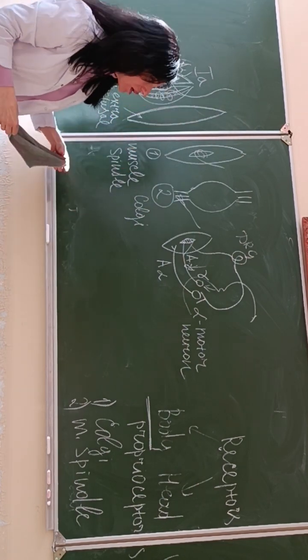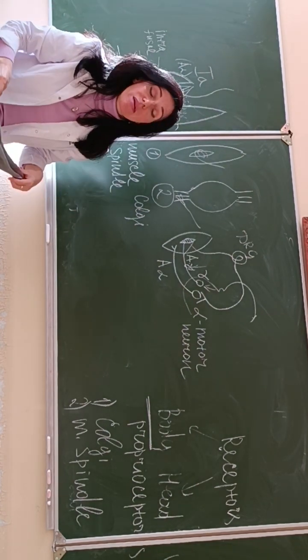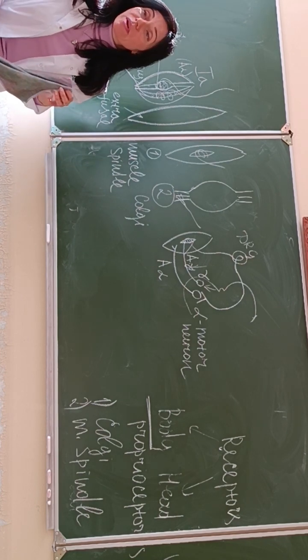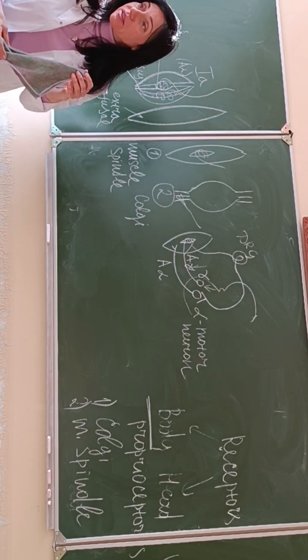Remind that A gamma fiber innervates intrafusal fiber at distal parts.